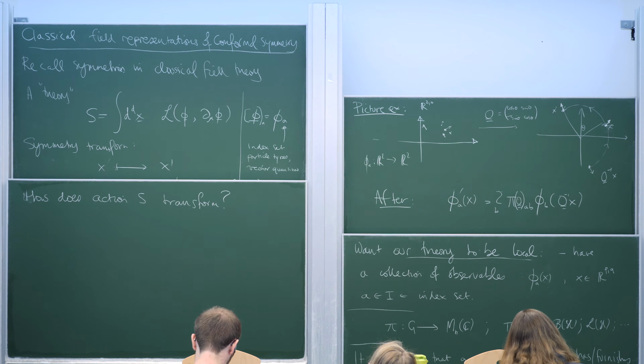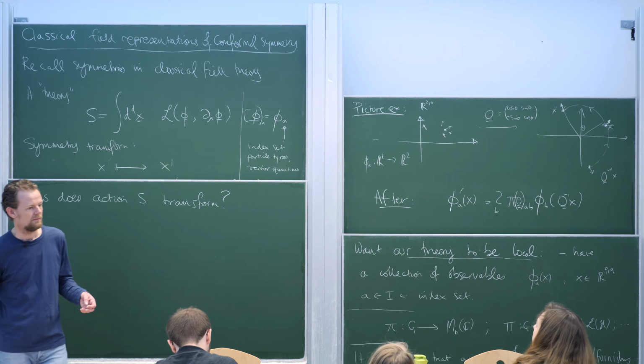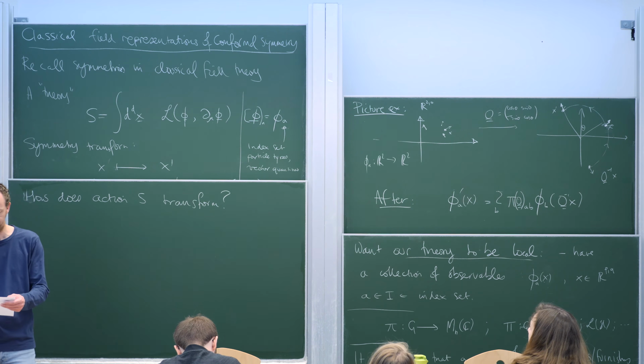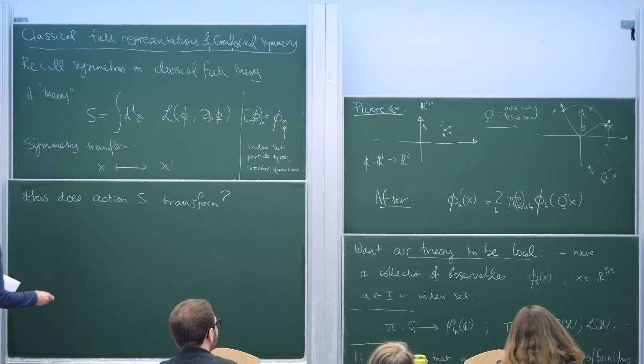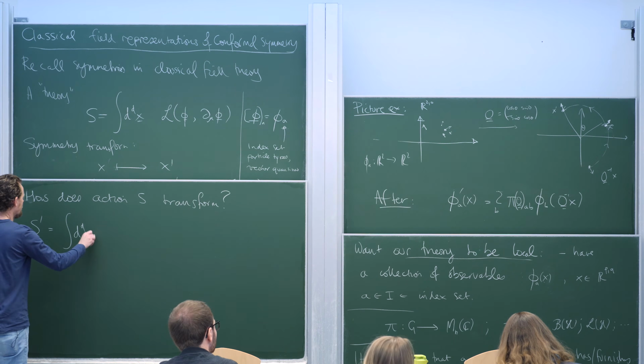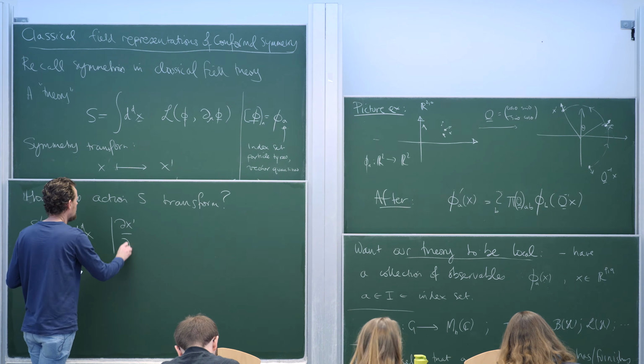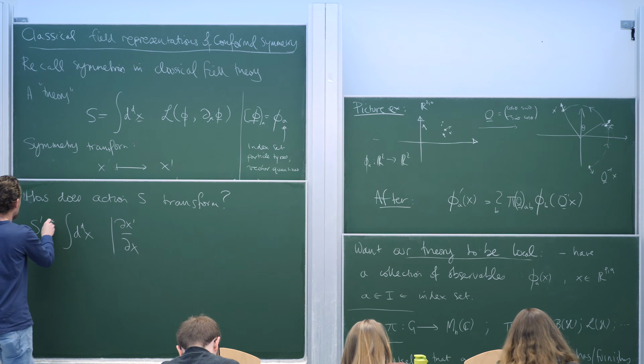So you take your field configuration, you do some active transformation on it, now you have a new field configuration. Let's ask, how does the action of this new field configuration relate to the old one? Well, S prime equals, you just do it. It's an exercise, one you've done before.